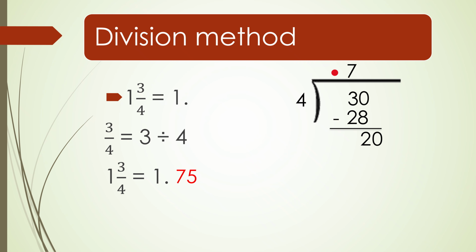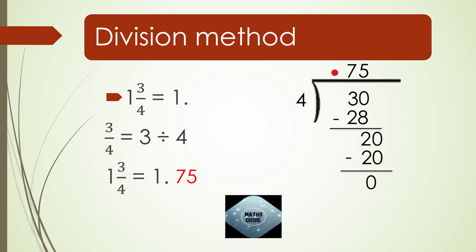Now at this time there is no need to put the decimal again in the quotient. Now 4 into 5 is 20 and the remainder is 0, and we get 0.75. We will put it after 1 point. So our answer is 1.75. It means 1 whole 3 by 4 in decimal is written as 1.75.